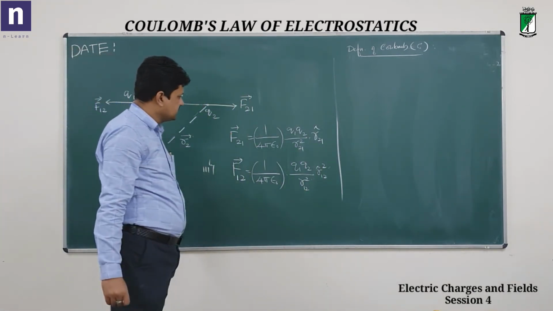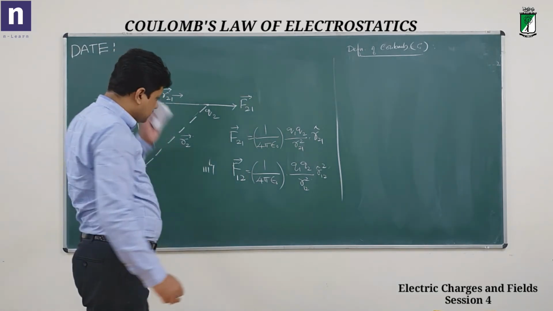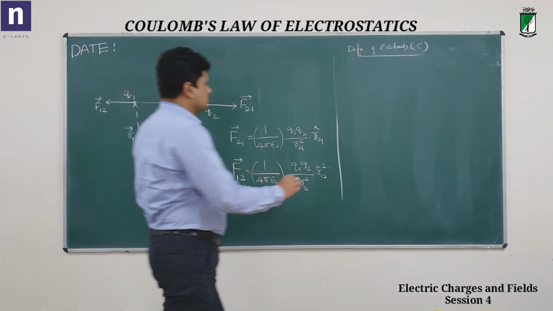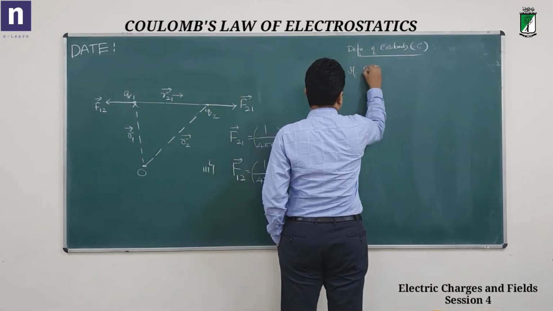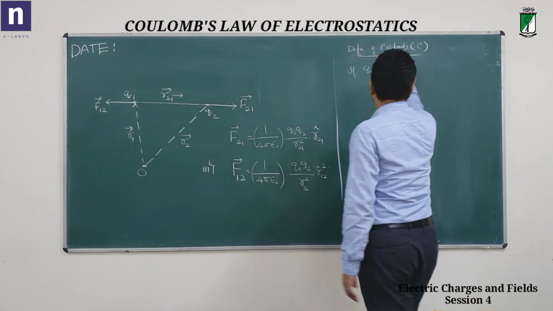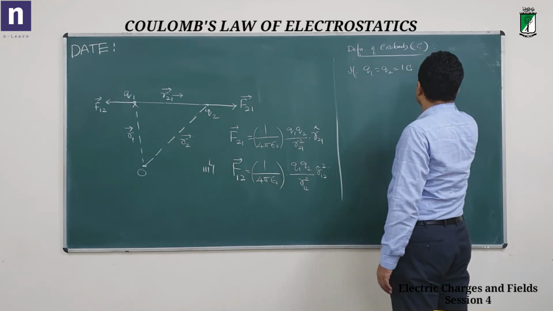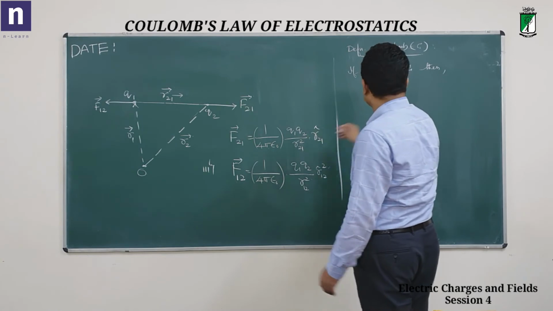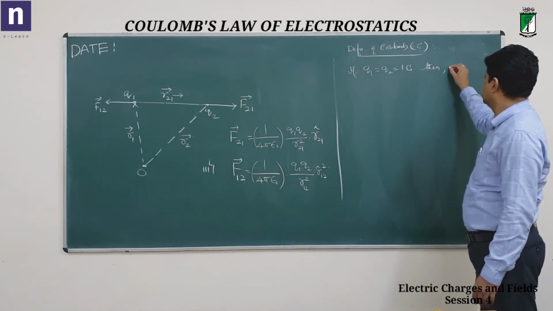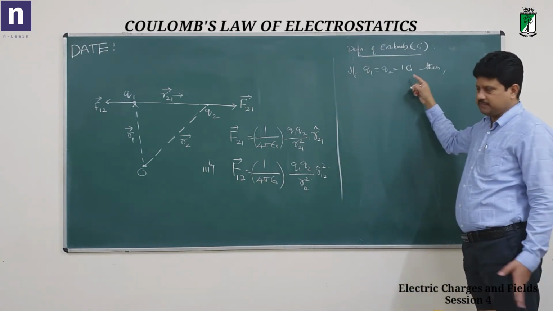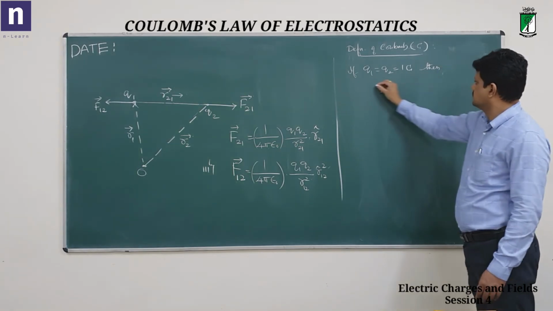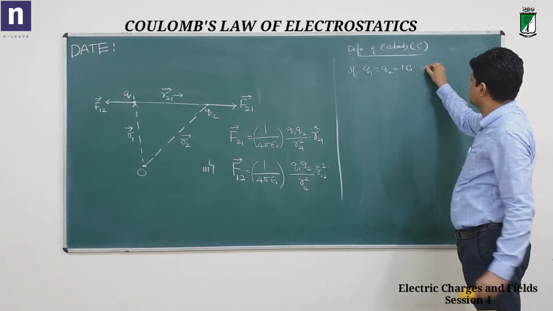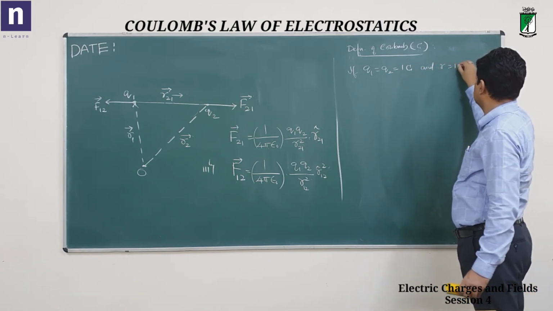Just imagine that Q1 is equal to Q2 is equal to 1 Coulomb, separated by a distance of 1 meter, so R is equal to 1 meter.